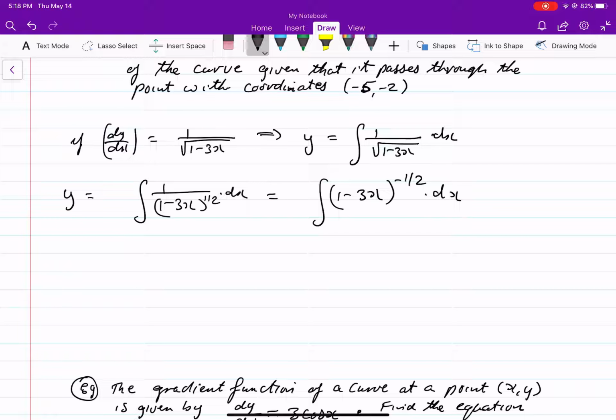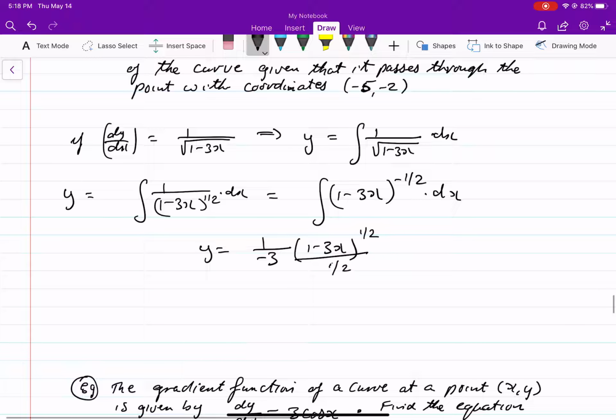Well, you'll end up with 1 upon f prime, or 1 upon the derivative of what's inside the brackets, 1 upon minus 3, into 1 minus 3x to the power minus a half plus 1, which is a half, divided by minus a half plus 1, which is a half, plus c.